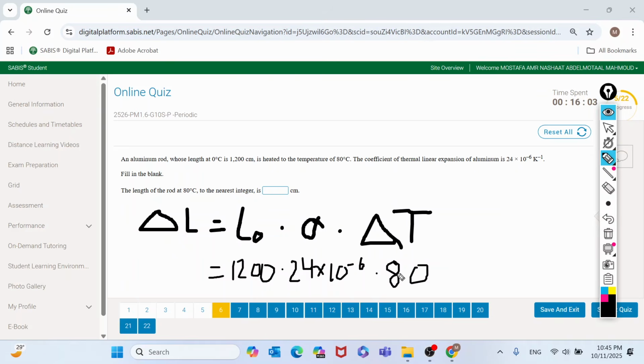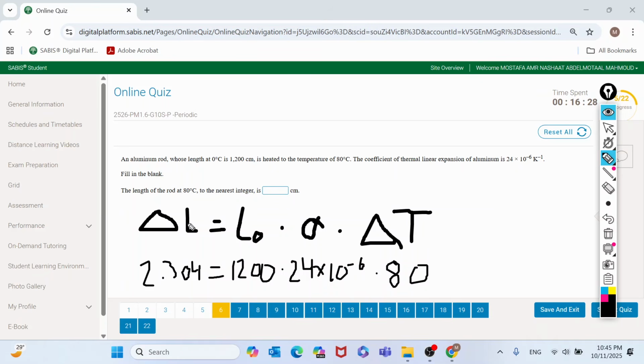You put it on your calculator: 1200 times 24 times 10 to the power of negative 6 times 80. You get 2.304. But that's not the answer.